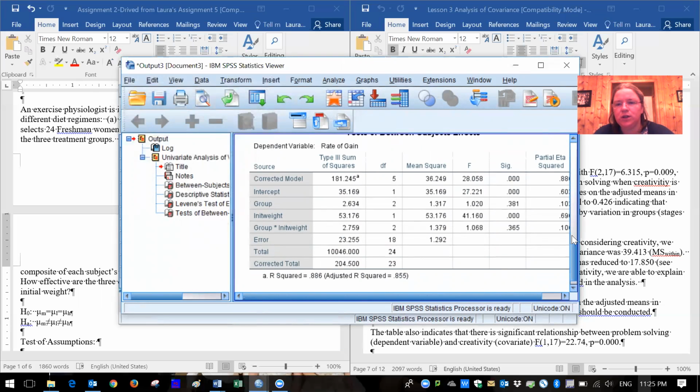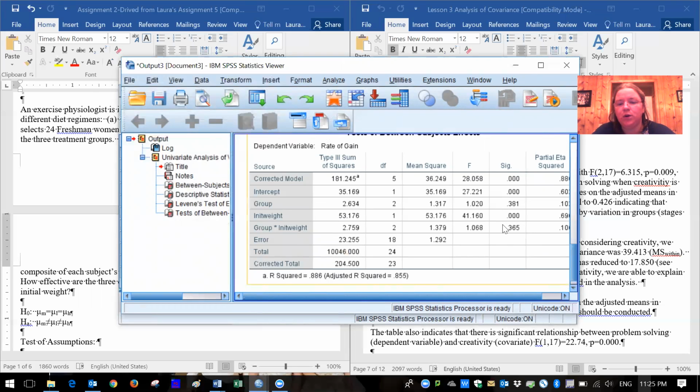You're actually doing the test of regression analysis. And so if you look at group asterisk initial weight, you notice that the sig value is 0.365. For this particular analysis, you want that sig value to be not significant.